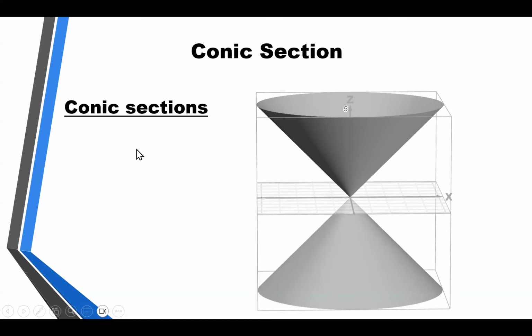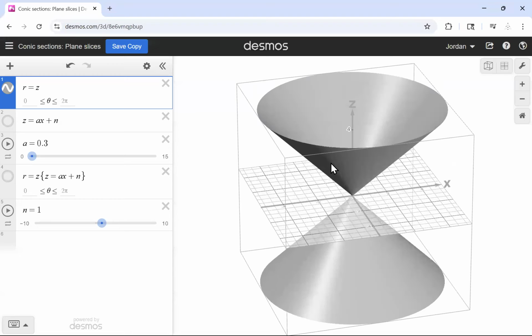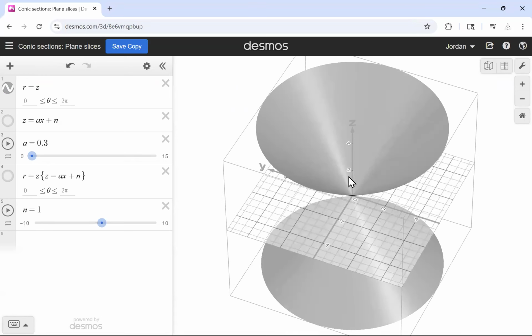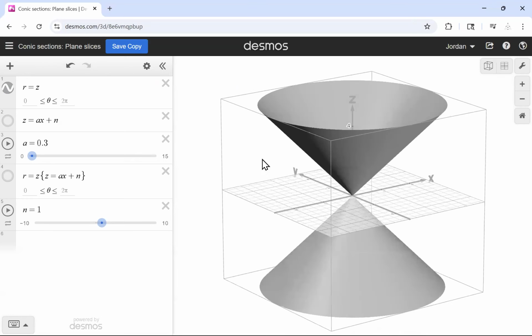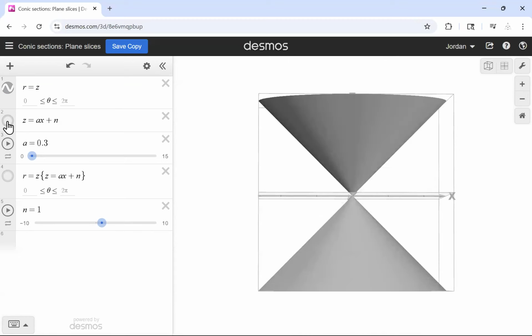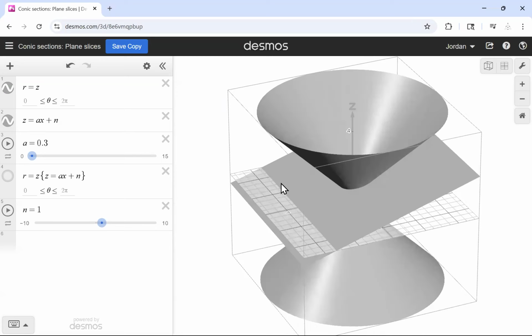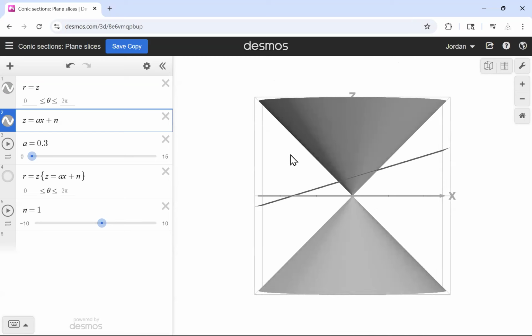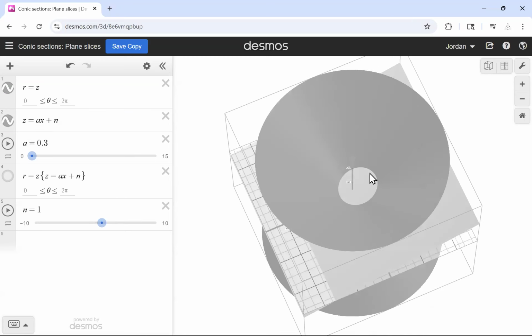Let's take a look at cutting a cone like this with a plane. So here's the cone in three-dimensional space. Obviously, this is a conical shape. There's nothing inside. And let's cut that with a plane. If we cut that with a plane, then where the plane and the cone intersect is going to be this object here.